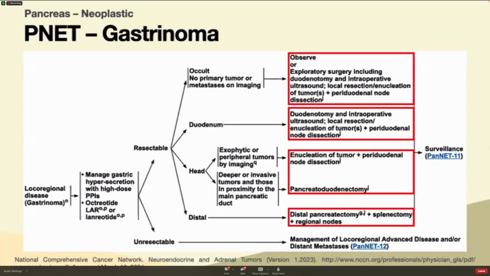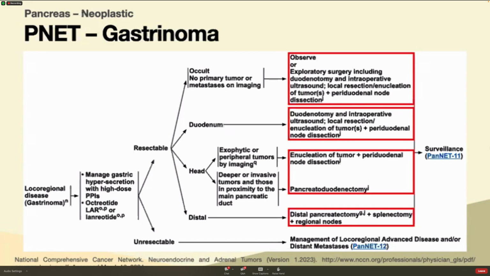So for resectable gastrinomas, if it is present in the duodenum, then the surgical option is to do a full thickness excision of the duodenal wall along with periduodenal node dissection. If the location of the lesion is at the head, then an option for lesions that do not involve the main pancreatic duct is to do enucleation with periduodenal node dissection.